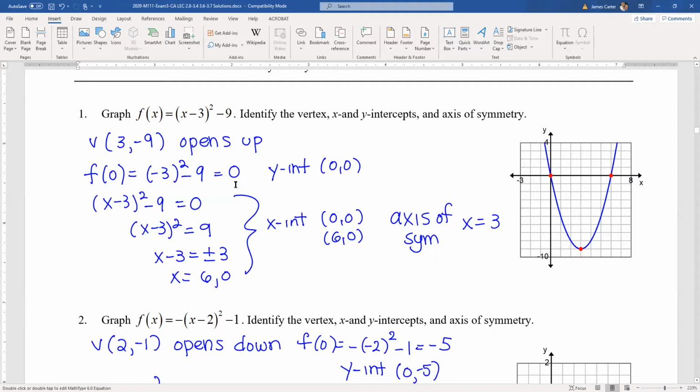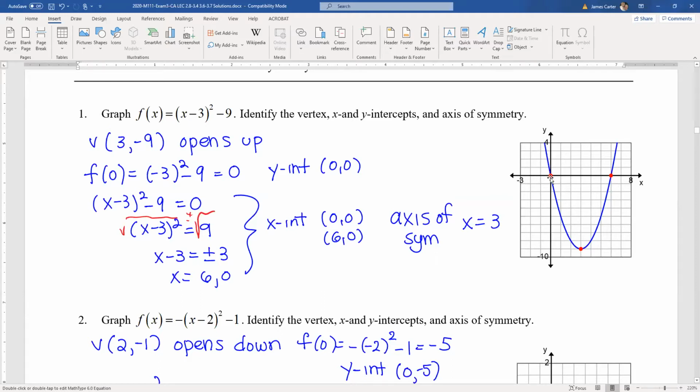Now, for the x-intercept, you replace y with 0, or in other words, replace the f of x with 0. So we've got this. Take the 9 on the other side. They didn't show it, but take the square root of both sides, plus or minus, and you get that, which gives you the points 6 and 0 here and here.